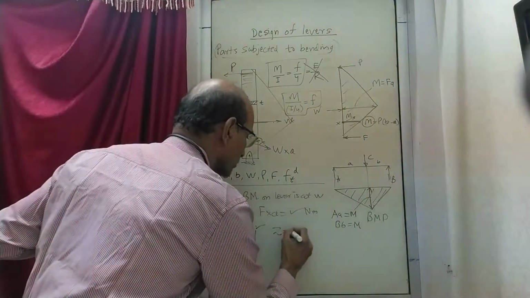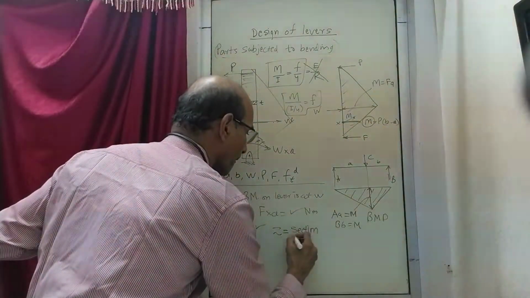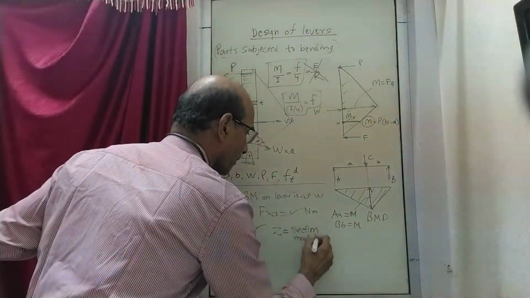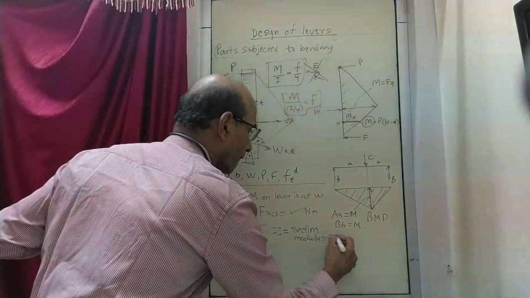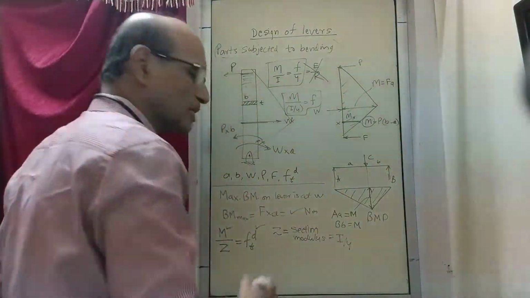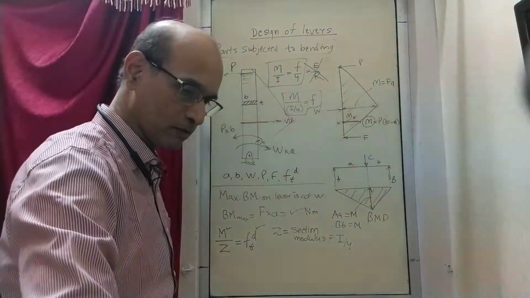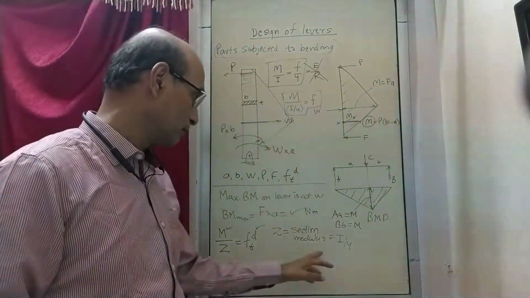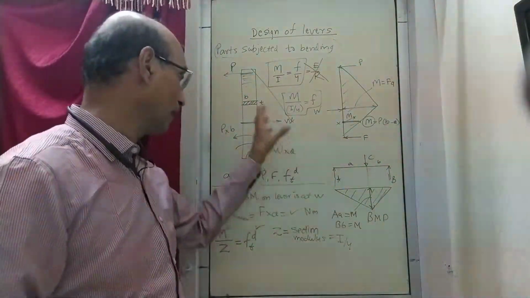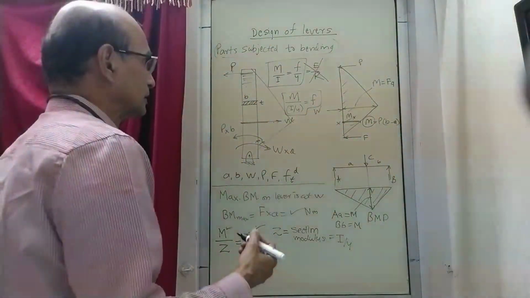Z is the section modulus, and this is made up of I upon Y. What is I? I is the moment of inertia of this section, and Y is the distance of the fiber which is maximum away from the neutral axis.